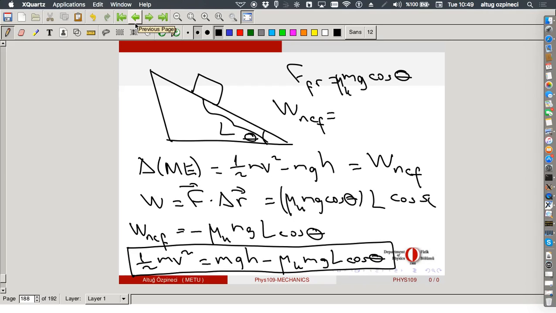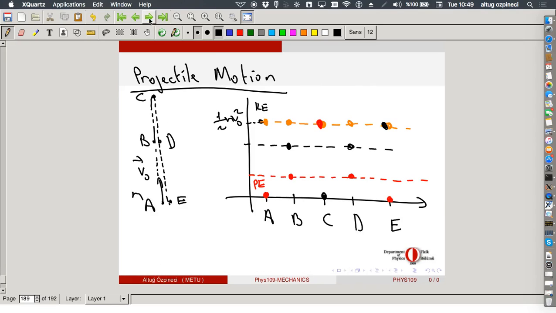This is the change in the mechanical energy, kinetic plus the potential energy. So in this sense, the name non-conservative forces is also not a good name. They do not conserve the mechanical energy, but nevertheless the total energy of the universe is always constant.